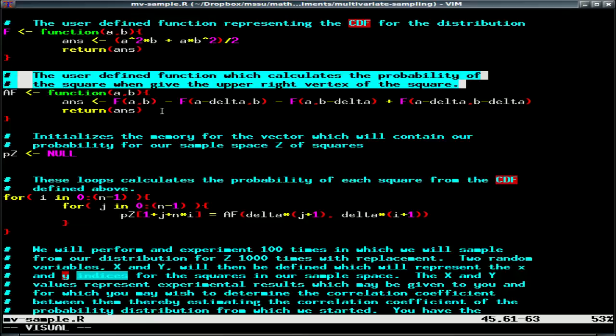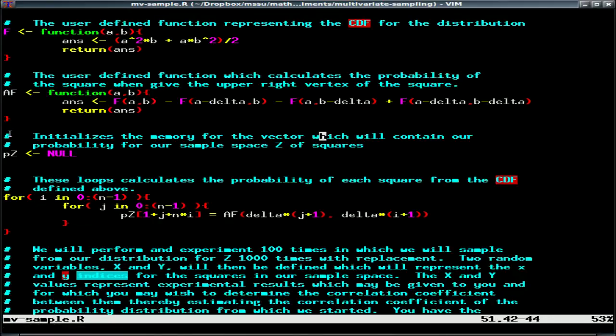This is the cumulative distribution at the upper right hand corner of a square minus the cumulative distribution at the upper left hand corner, minus the lower right hand corner of the square, and then we're adding in the lower left hand corner of the square. If you look back at our previous videos on multivariate distributions, you'll see this expression come up when we're talking about finding the area of a particular rectangle.